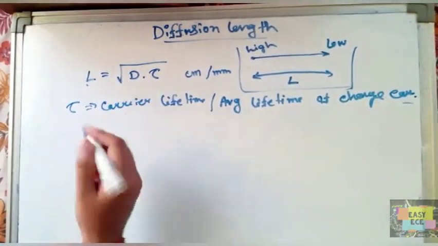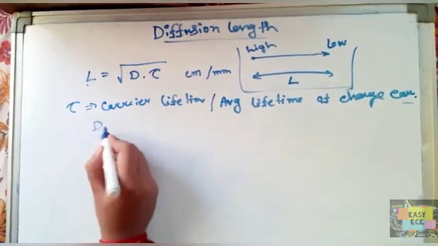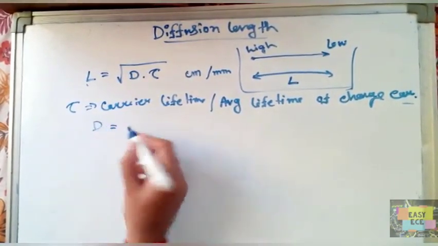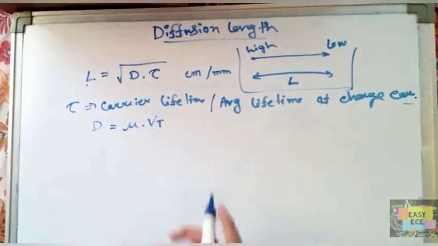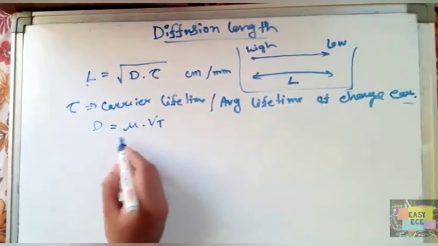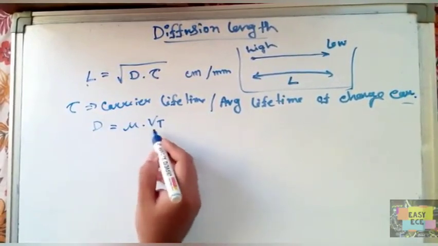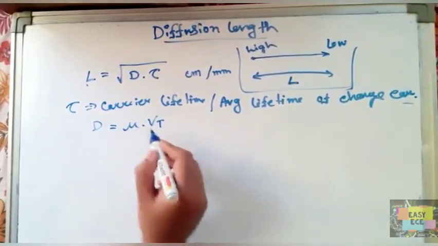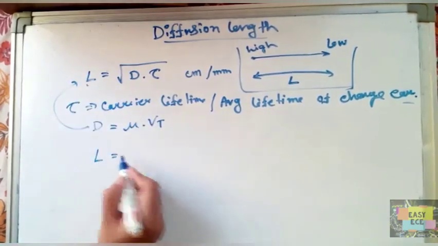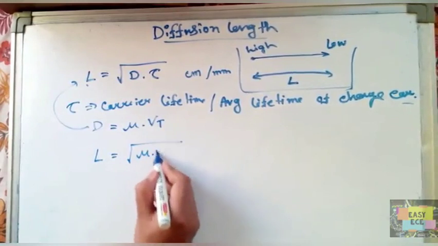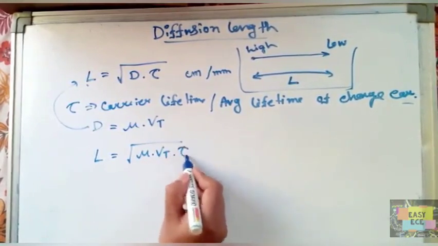As we know, the value of D, the diffusion constant, equals mu into Vt. In my previous video, you can check that D equals mu, that is mobility, into threshold voltage. If we put this value into this equation, then L equals root over mu into Vt into tau.